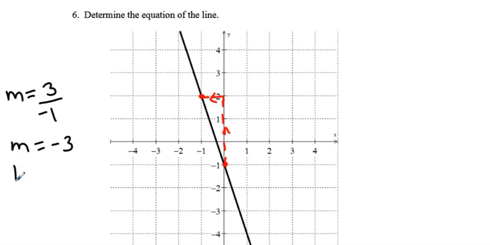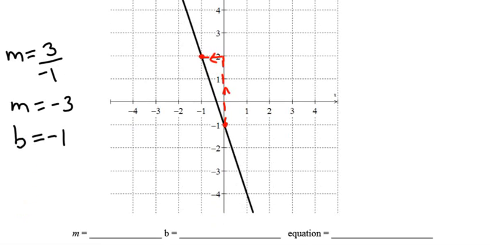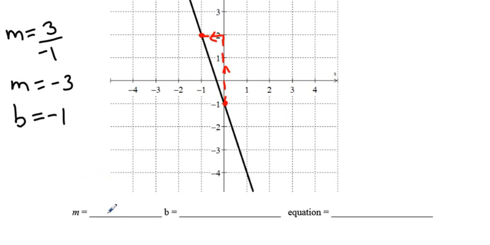And my b, which is my y-intercept, I just visualize and I can see that this line crosses the y-axis. This is the y-axis. This is my line. Crosses at -1. So my y-intercept is -1. So down here you can fill in -3 for m, -1 for b, and then the equation would just be y equals mx plus b, so -3x minus 1.